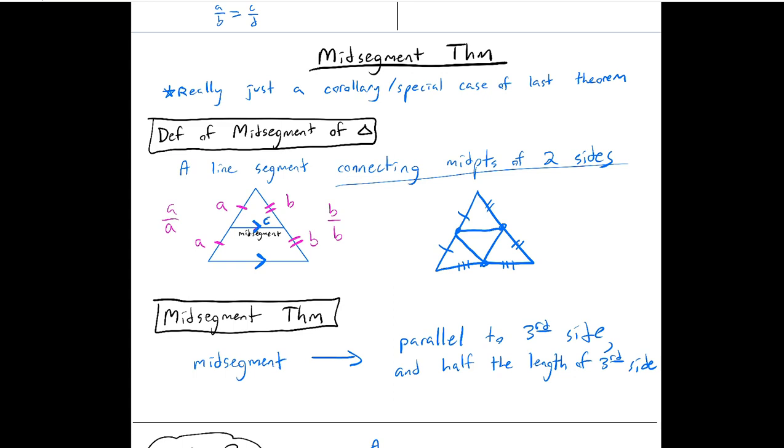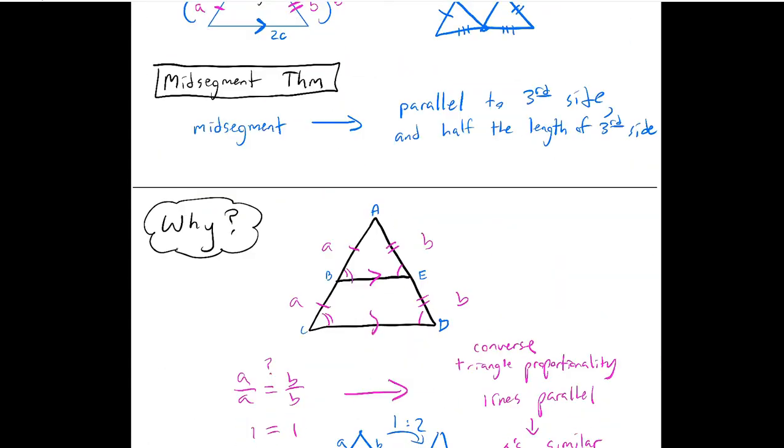So if this is C, this is 2C, right? Just like this top one is A, and this whole length is 2A. And this length is B right here in the small triangle, and in the big triangle, it's 2B. So there's no magic there. Again, it's just similar triangles by AA. It's the triangle proportionality theorem up above. Okay, cool corollaries to this.